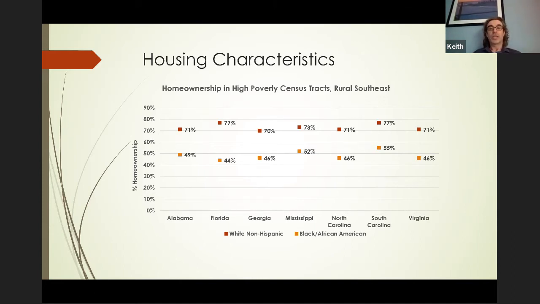And in Georgia, it's 70% of white non-Hispanic households in a high poverty tract own their own home, but only 46% for African Americans. So it's a pretty huge gap, similar to the national one, but it's like 30%. And essentially, you're talking about hundreds of thousands of households here. And since wealth generation is a real important thing in this country, and a lot of it's through housing, it has a big impact.